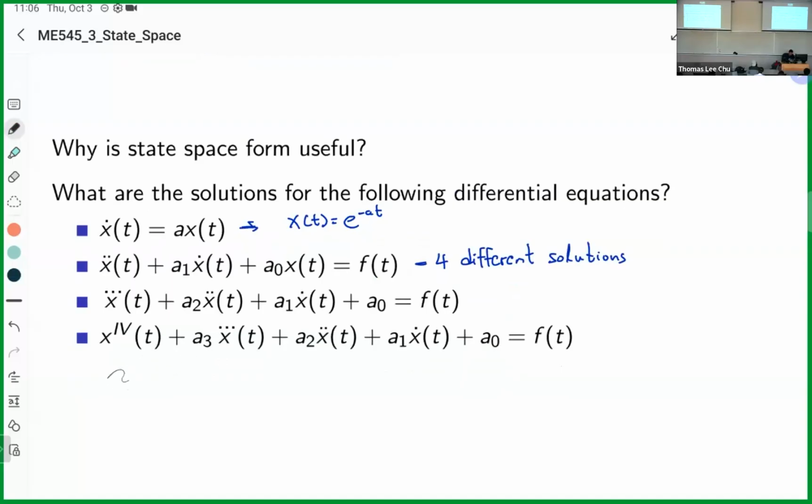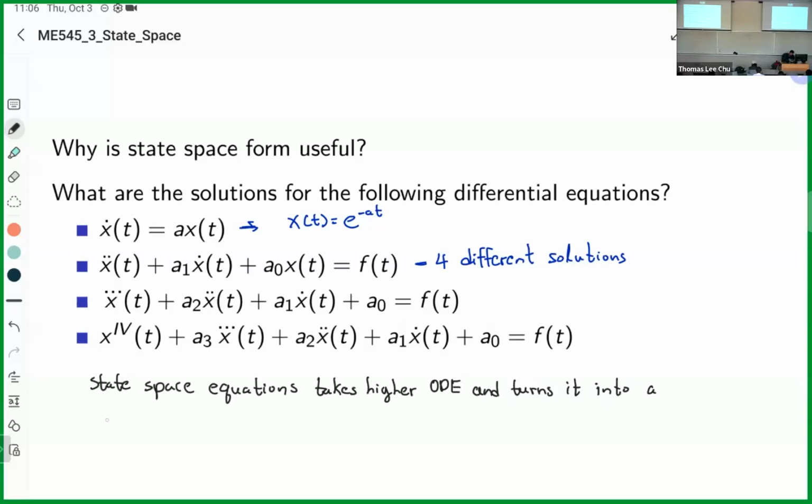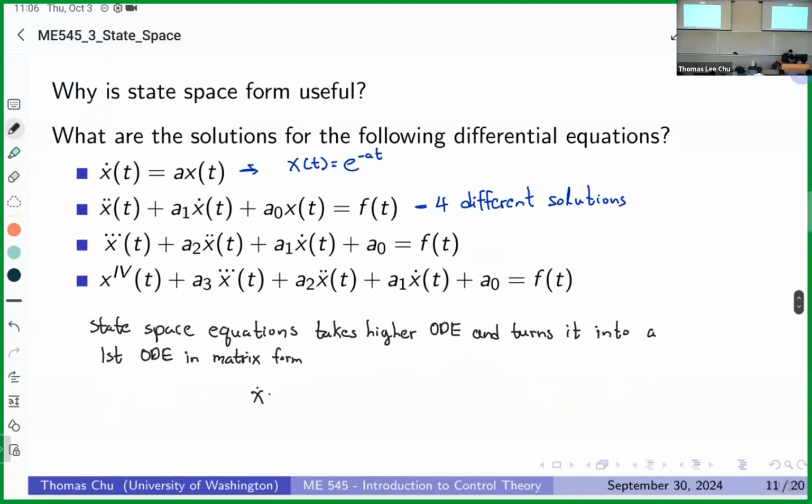So state space equations, or state equations, take a higher order ODE and turn it into a first order differential equation in matrix form, to the effect of x dot equals Ax plus Bu.